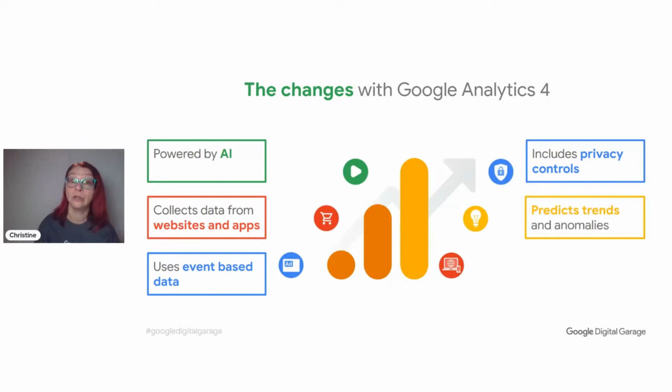It can look at your data for you, and it's super smart. It can predict what trends are happening, and it can also highlight if there's been an anomaly. I spotted one recently where I was looking at website data, and it said, you had an unusually high level of traffic on this particular date. When I spoke to the business owner, they said, oh, that date sounds familiar. They went back in their calendar, bearing in mind that they hadn't looked at their data very often, and the date was a couple of months behind.